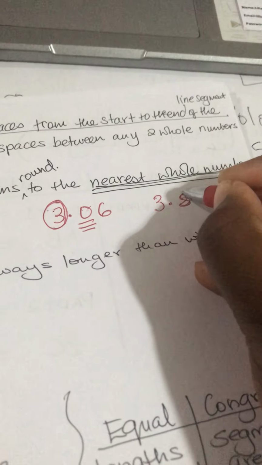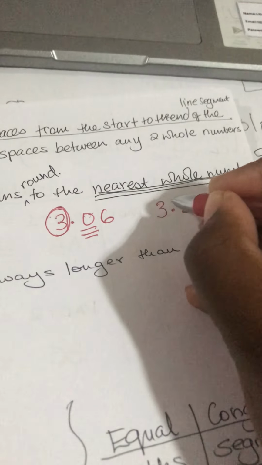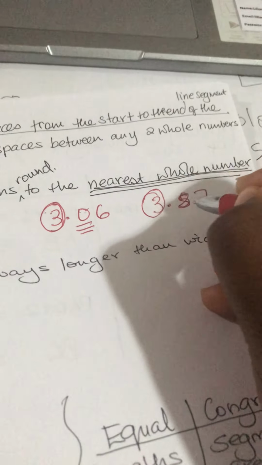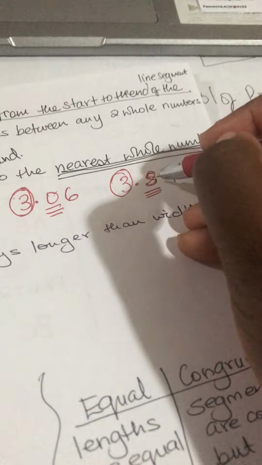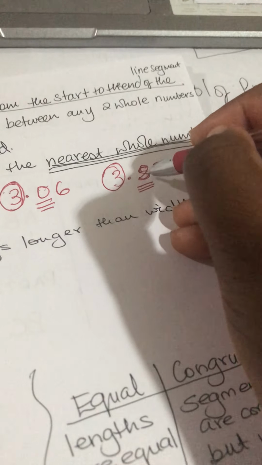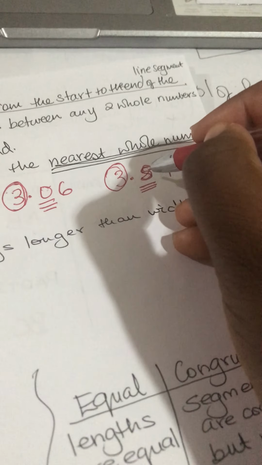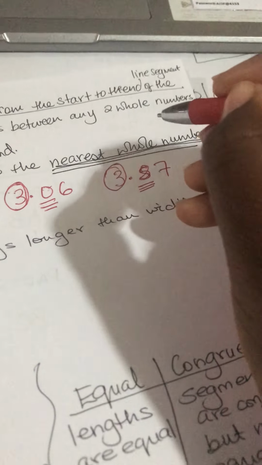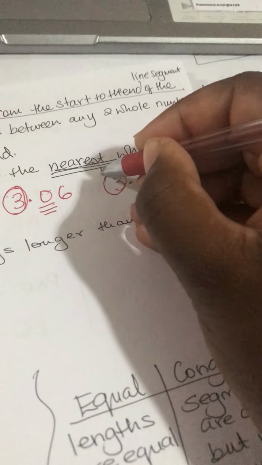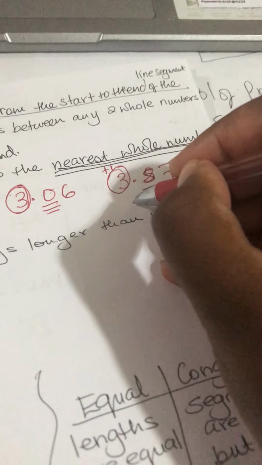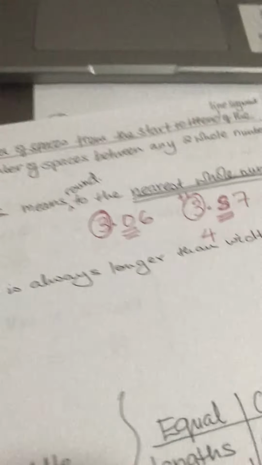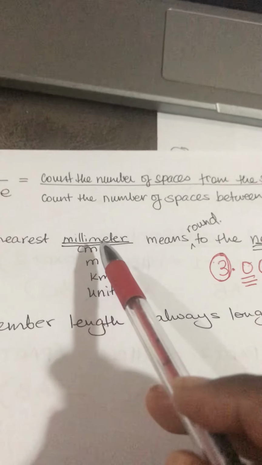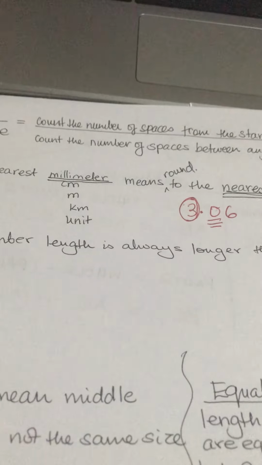So I circle the ones, I underline the tenth place. Is this digit 5 or more? If your answer is yes, then you add 1 to your circle and your answer becomes 4. Okay? 4 units, whatever the unit is, whether it's millimeter, centimeter, depending on the question.